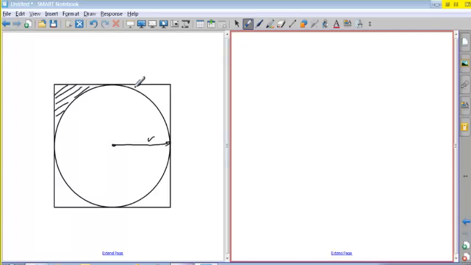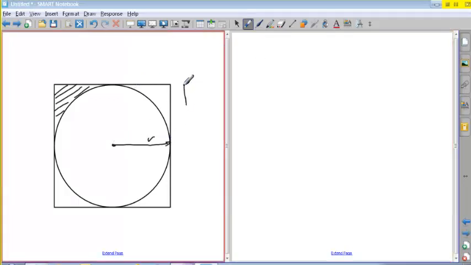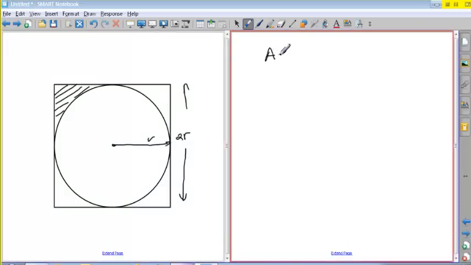And the way we worked that was we used subtraction. So if the distance from here to here is r, then each side of the square is going to be 2r. Because this is r, and then this is r, and you add it together to get 2r. So you have the area of the square, and that's equal to the length of each side squared.